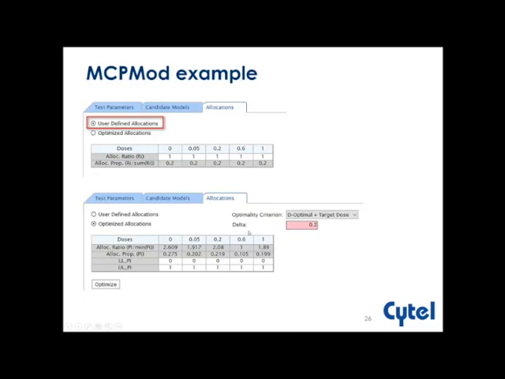There are a couple of different criteria, such as the D-optimal or the target dose, which is defined by the delta here, or a combination of both. That's what you're seeing in the screenshot, and when you click optimize, EAST will tell you the optimal proportions or ratios to satisfy that criterion. But for simplicity, in this example, I'm going to stick with our original user-defined allocations, which is just balanced.